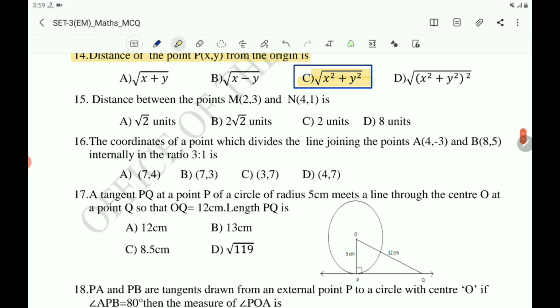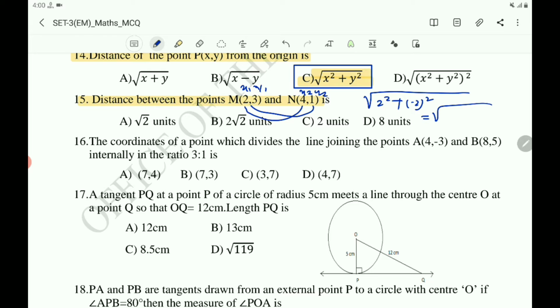Then you take the next question. Distance between the points M(2, 3) and N(4, 1). Here you use the distance formula. What is the distance formula? Square root of (x2 minus x1) square plus (y2 minus y1) square. Here x1, y1 is the first point and x2, y2 is the second. 4 minus 2, 2 square, and 1 minus 3, minus 2 whole square.